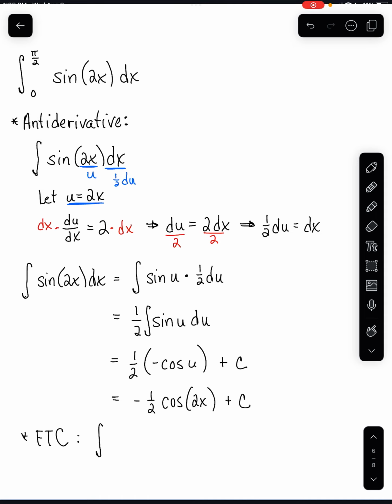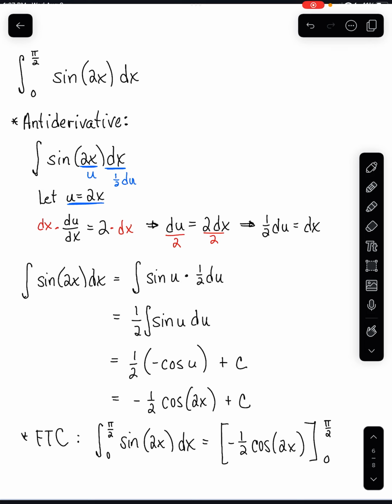that the definite integral from 0 to pi over 2 of sine of 2x dx would be equal to its antiderivative, negative 1/2 cosine of 2x, evaluated at the limits of integration.